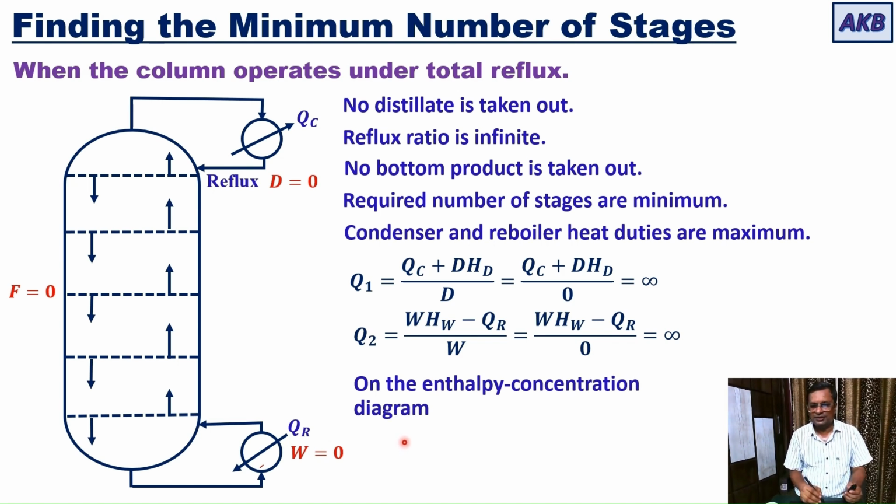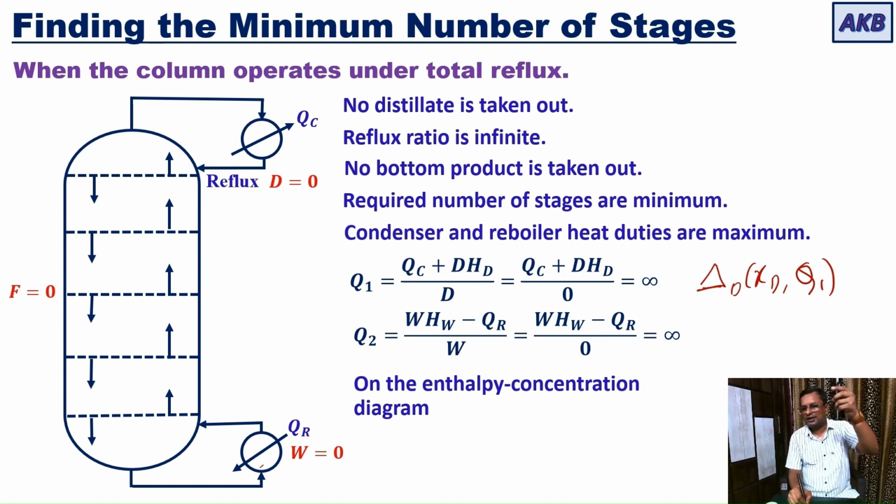So the meaning is, if you remember, Q1 is one of the coordinates of the point delta D, which has coordinates XD and Q1. So if Q1 is infinity, that means it will be located at an infinite distance. And delta W has coordinates of XW and Q2.